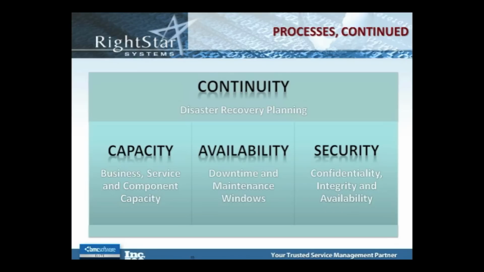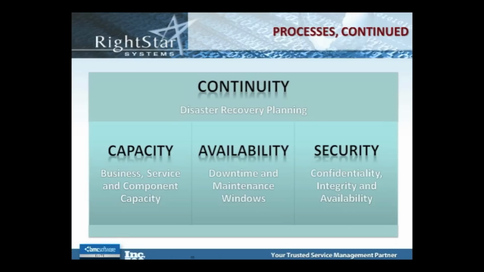Capacity and availability are often discussed together. Capacity, as the name implies, relates to the bandwidth, storage, or other type of capacity of an IT service. Availability relates to basically the uptime or conversely the downtime of a specific service.